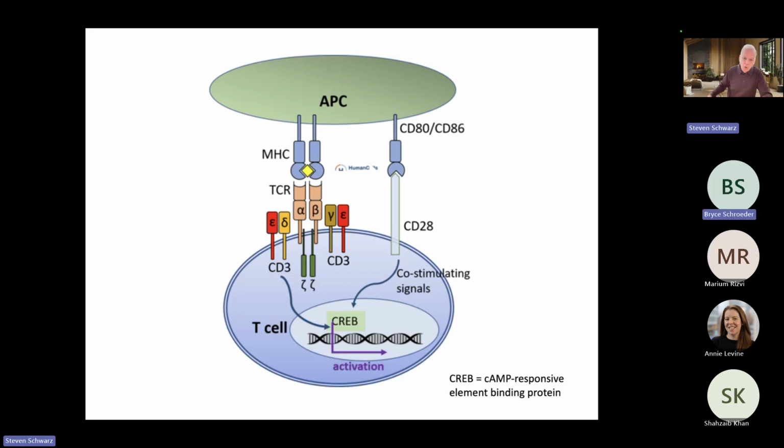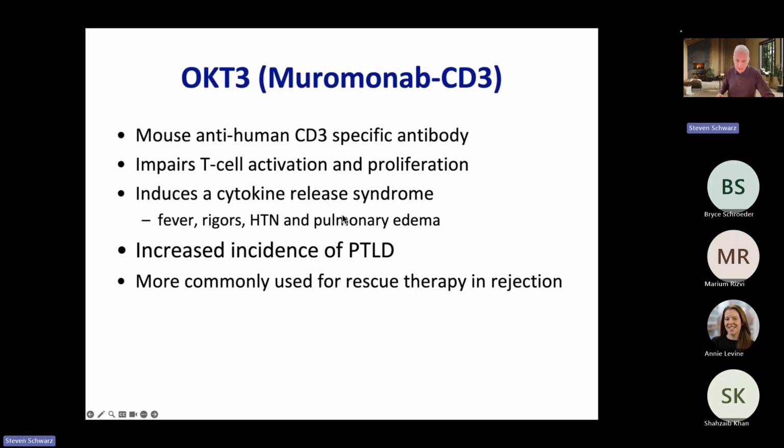And here is how it works. Again, it targets those cells expressing the cluster differentiation marker CD3, prevents the antigen presenting cell from hooking on to the T cell and activating it.